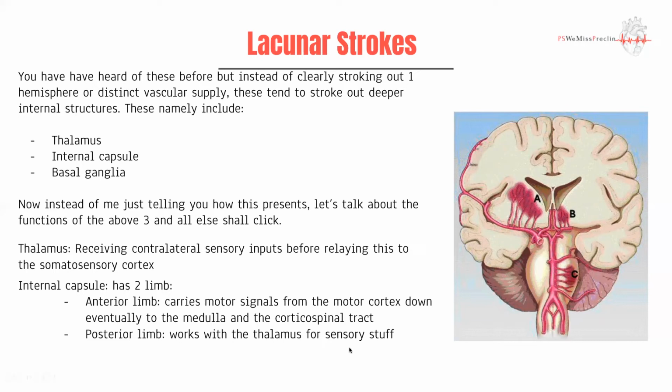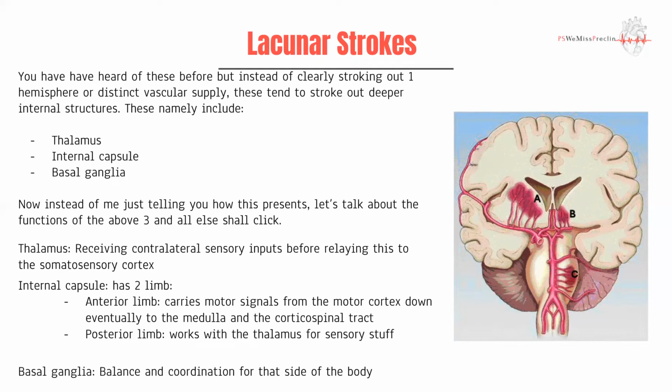The posterior limb just works with the thalamus. Okay, fairly straightforward. The anterior limb, instead of carrying sensory fibers, carries motor signals down from the motor cortexes to the medulla and then to the corticospinal tract to go supply all the muscles in our body. The basal ganglia has a really important role in balance and coordination for that side of the body.